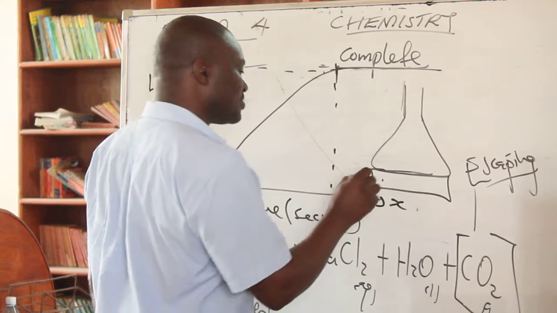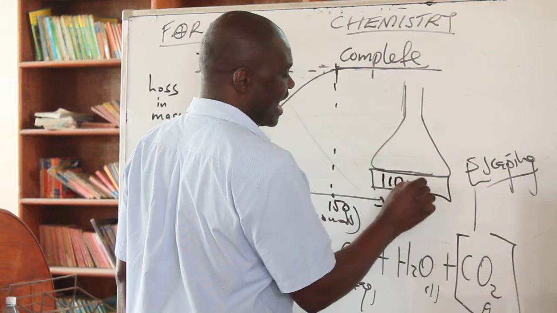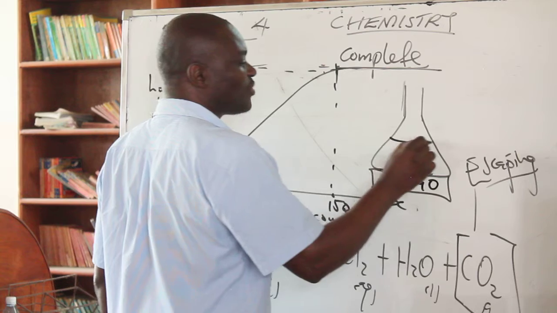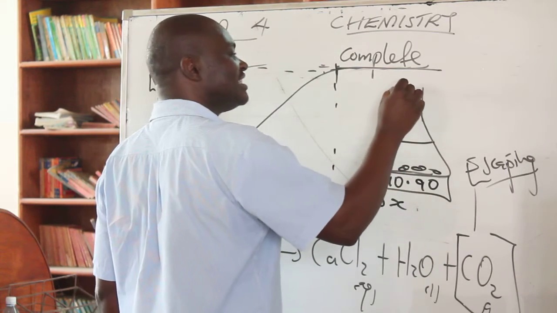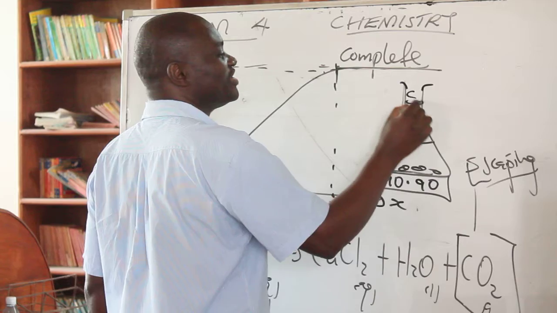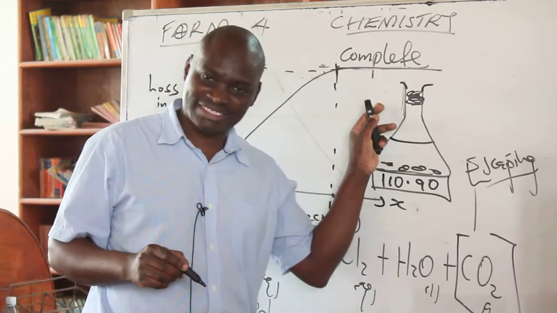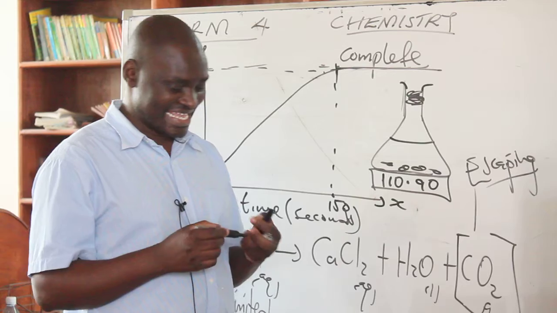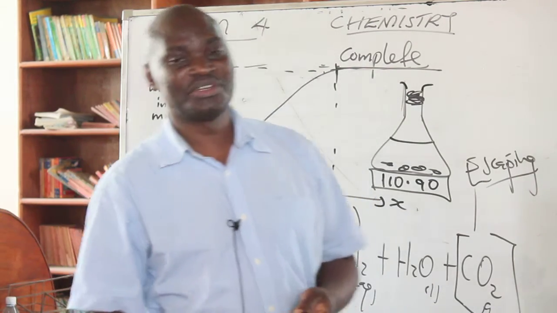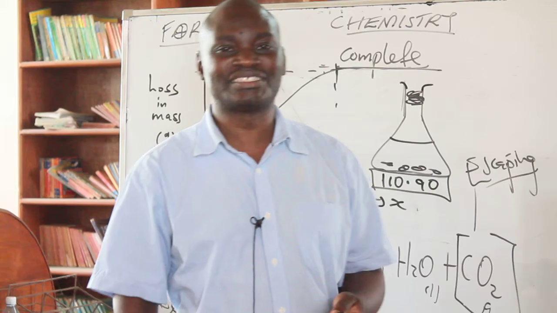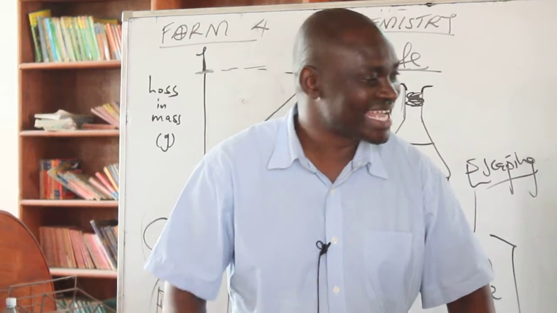So the original mass was 110.90. This 110.90 was the original mass of the conical flask plus its contents.